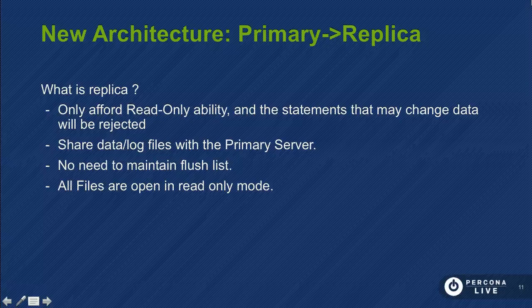Because it doesn't modify any physical files, it doesn't need to maintain a flush list or buffer pool. And at last, all data files are open in read-only mode, and it skips acquiring exclusive file level lock. And that makes it possible to run multiple instances based on the same copy of data.